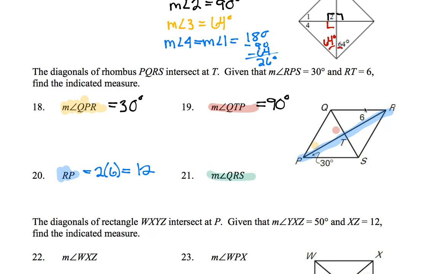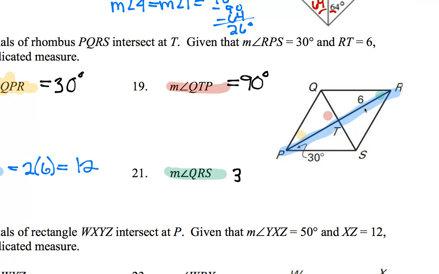And then the measure of QRS is going to be 2 30s together. So 60 degrees.